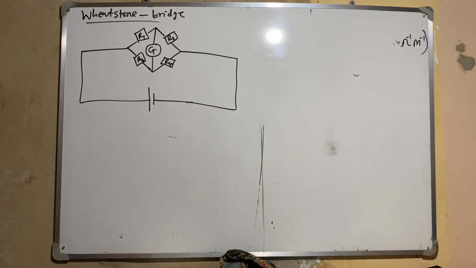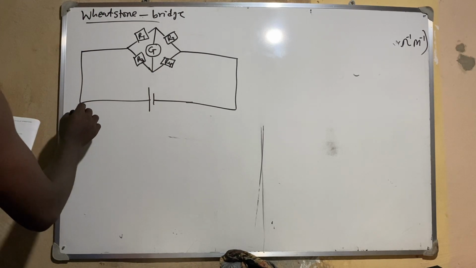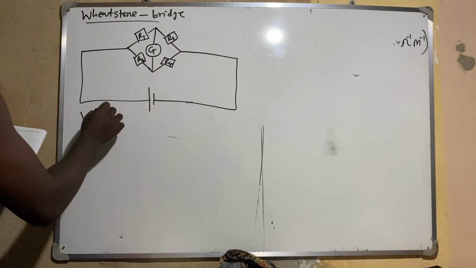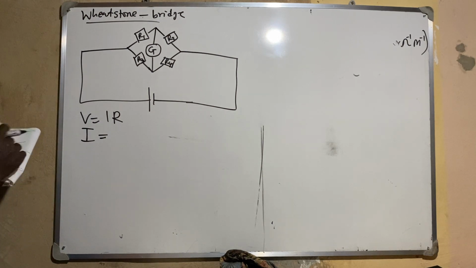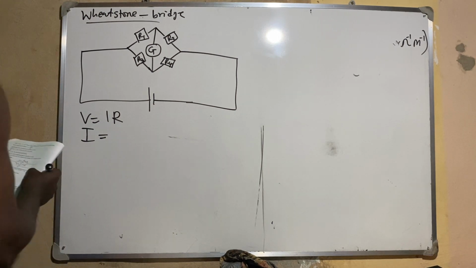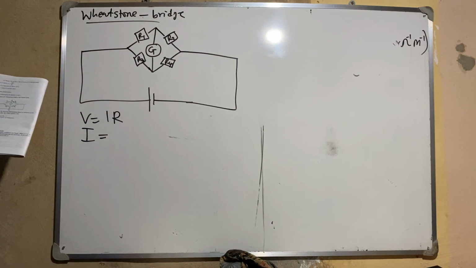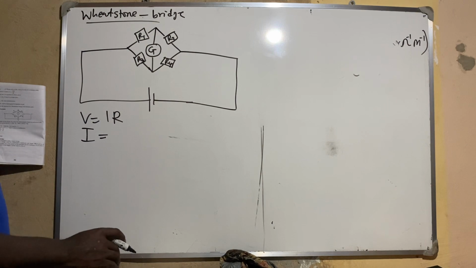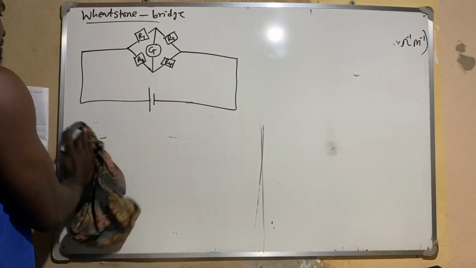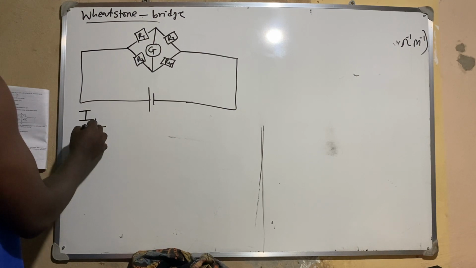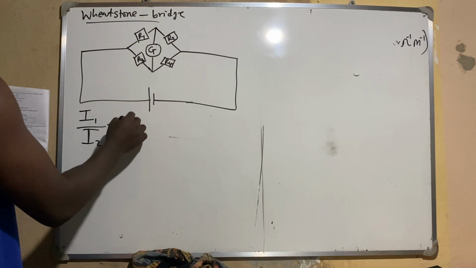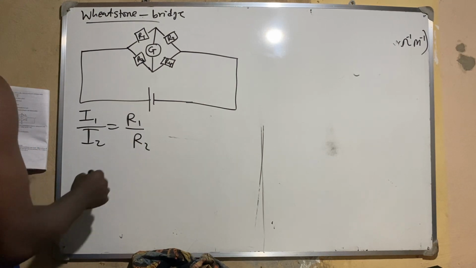So in this one, how do we calculate that? You should know that V is equal to IR. Don't forget this formula. For this particular one, you should know that I1 over I2 is equal to R1 over R2.